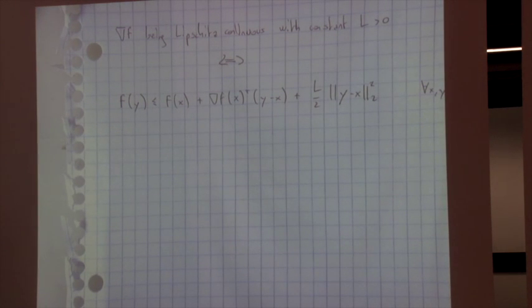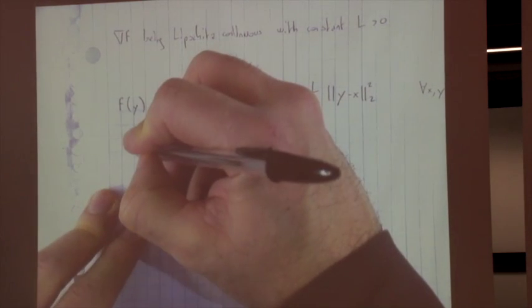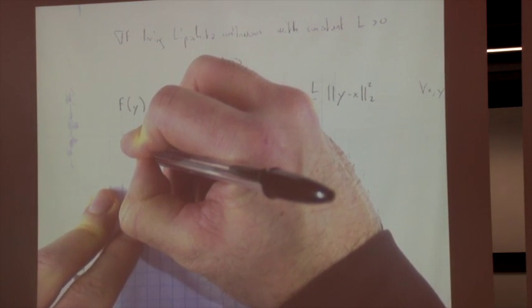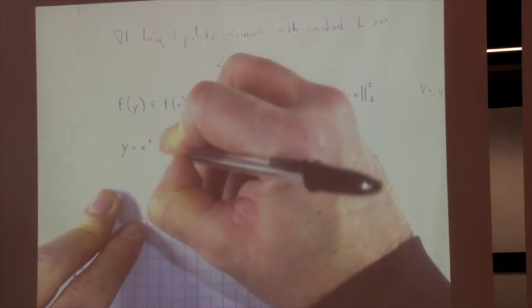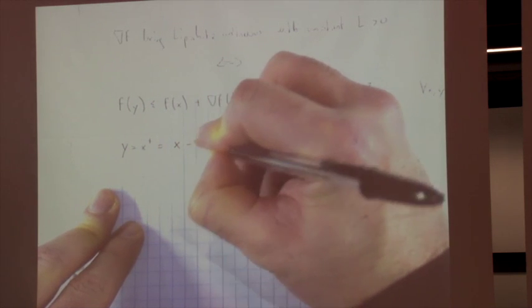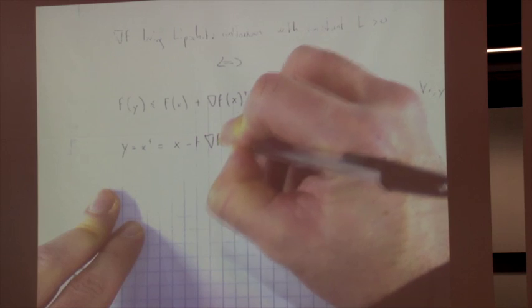This is one way of characterizing the gradient of f being Lipschitz. Remember that the gradient descent algorithm tells us that our new point y, say x plus, is equal to x minus t times the gradient of f at x.